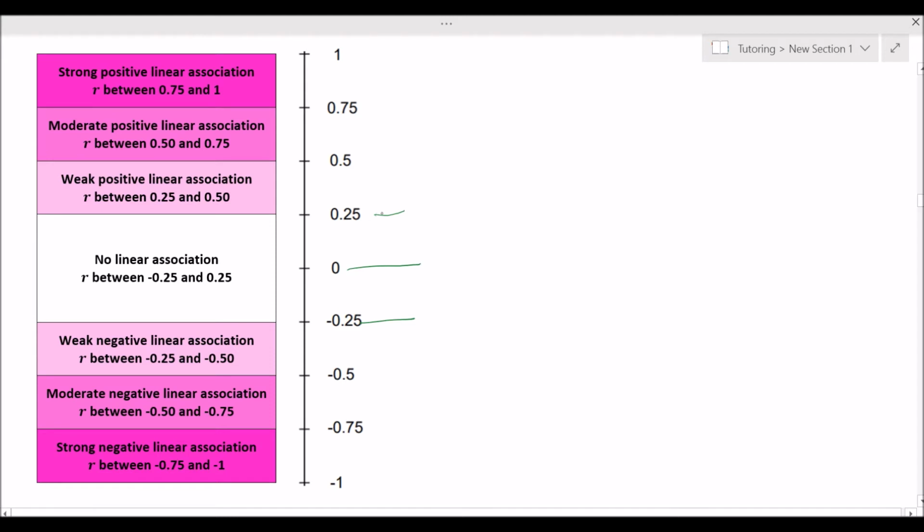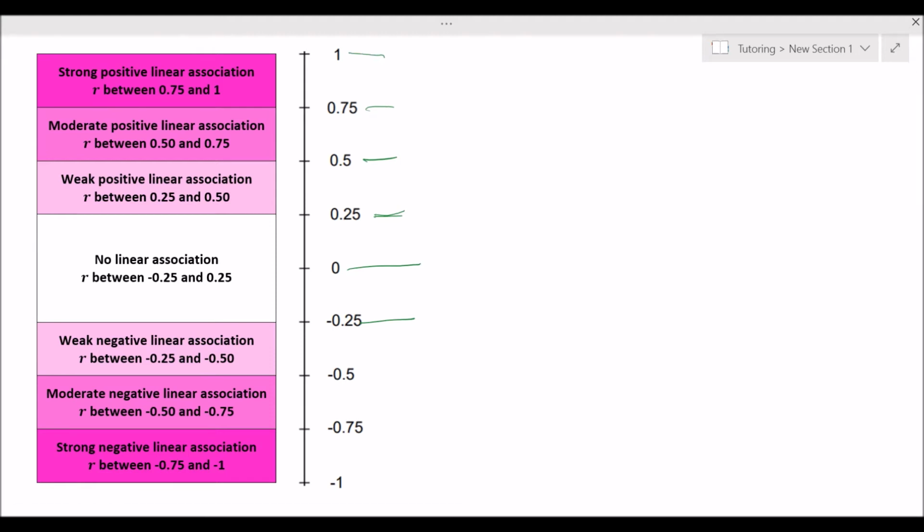Between 0.25 and 0.5, that's our next quarter, we would call weak. Between 0.5 and 0.75, we would call moderate. And above 0.75, we would call strong. Now remember the highest you could possibly get is a 1.